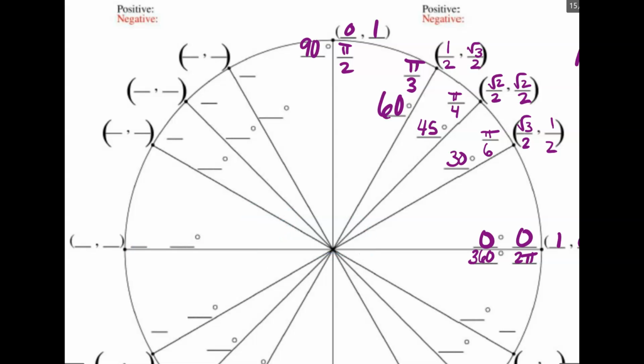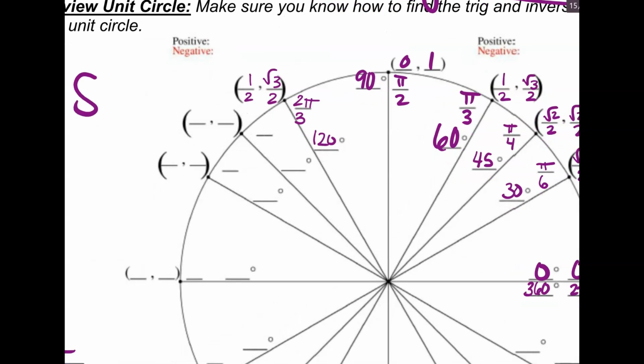All right, so 120 degrees, that's just going to be 2 pi over 3. The coordinates, let's see, 1/2, comma, square root 3 over 2. Then I look at All Students Take Calculus, sine is positive, so only my y's are positive. So it's actually going to be negative 1/2, which makes sense. I have negative x here. I have a question. Yep.